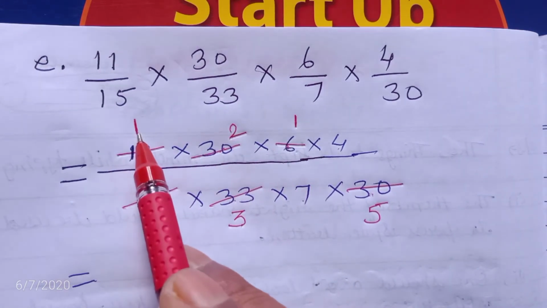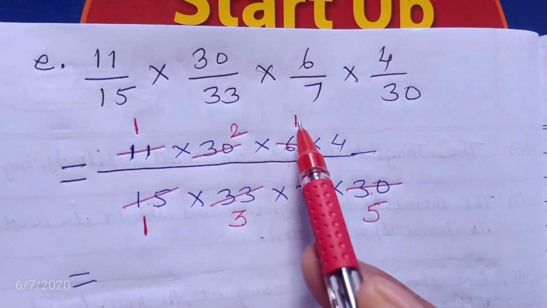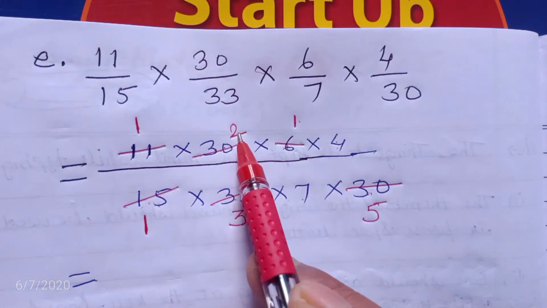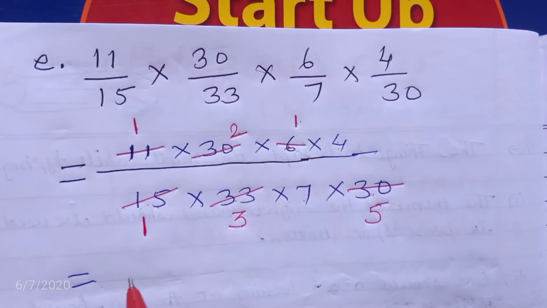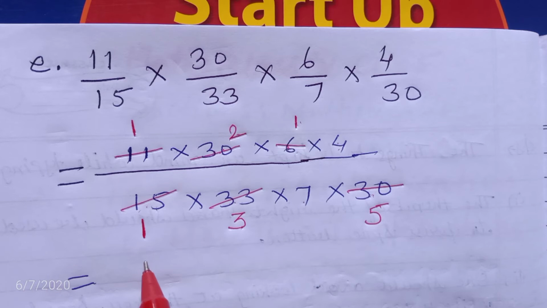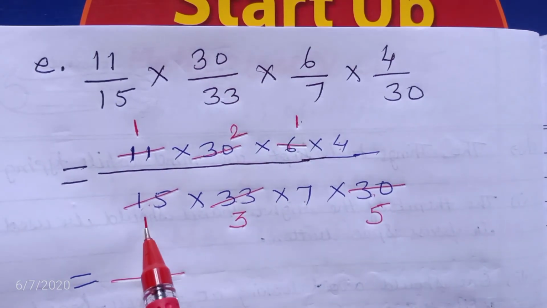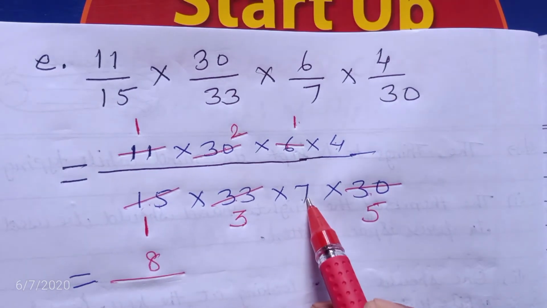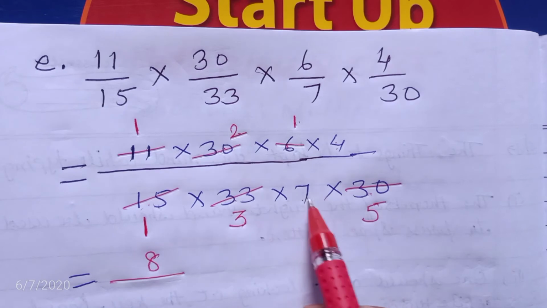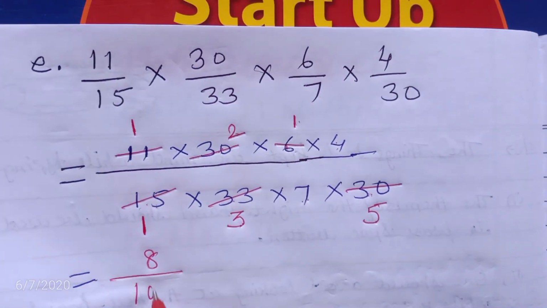Now we will multiply the numerator and denominator separately. 1 into 2 into 1 into 4: 1 times 2 is 2, 2 times 1 is 2, 2 times 4 is 8. So the numerator of the product is 8, divided by the denominator: 1 times 3 is 3, 3 times 7 is 21, and 21 times 5 is 105.